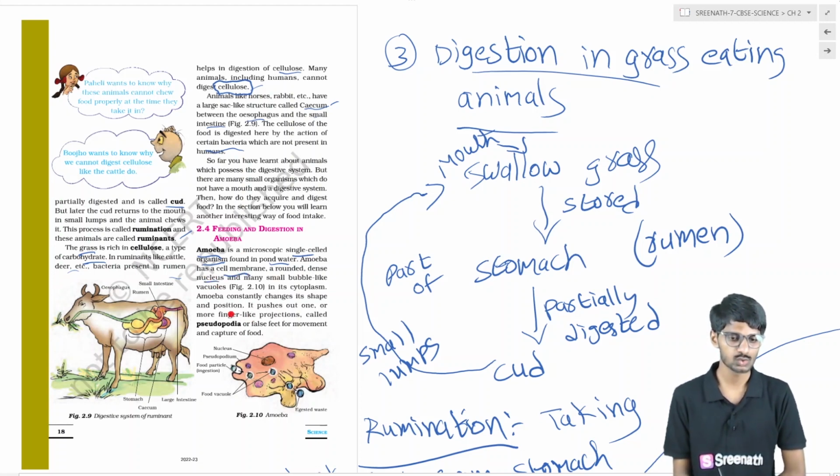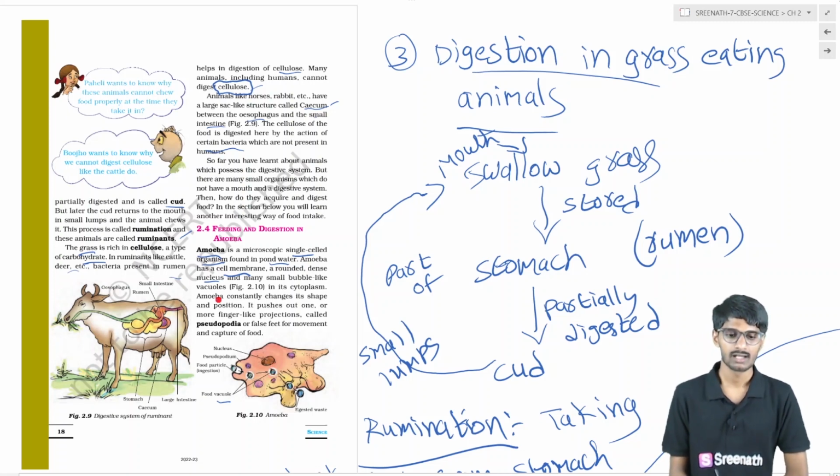It also has many small bubble-like vacuoles in its cytoplasm. We call them food vacuoles. Many vacuoles are there in its cytoplasm.